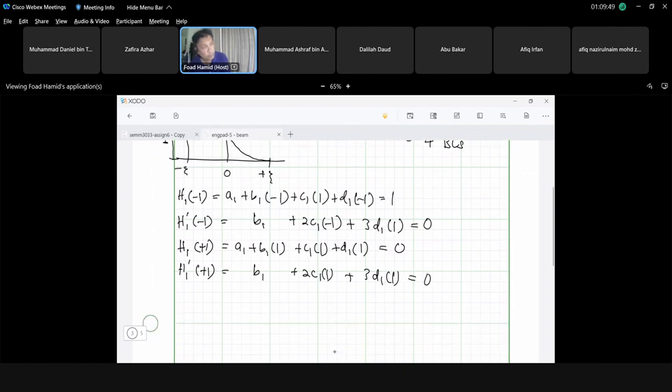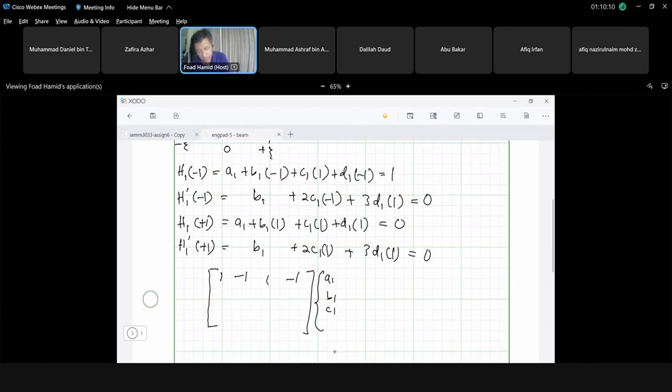Now, let's put this in matrix form so you can easily solve this. Note that this is just 1, minus 1, 1, minus 1, and this should be A1, B1, C1, and D1. And this should equal to 0. Oh sorry, not 0, 1.